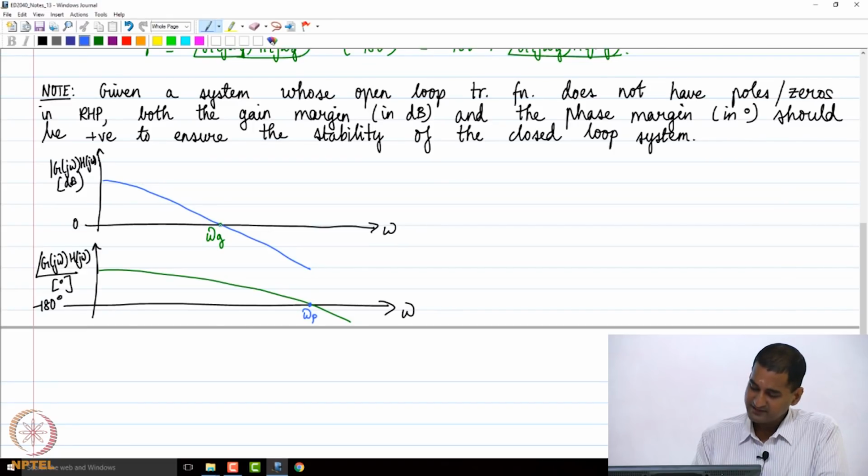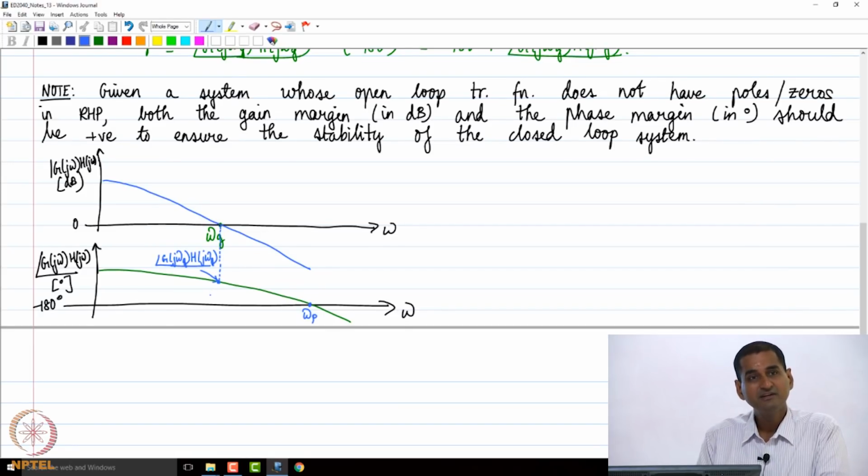If I extrapolate this, this is going to be the phase of the open loop transfer function at the gain crossover frequency.